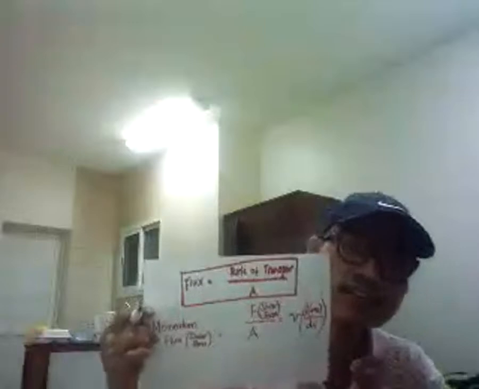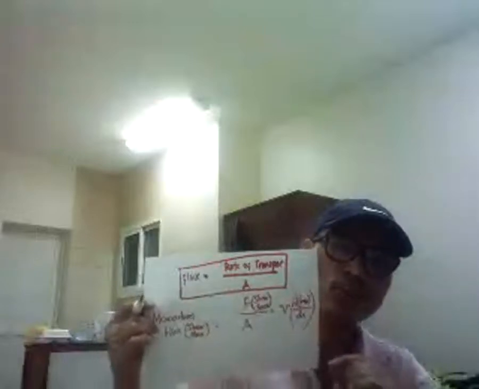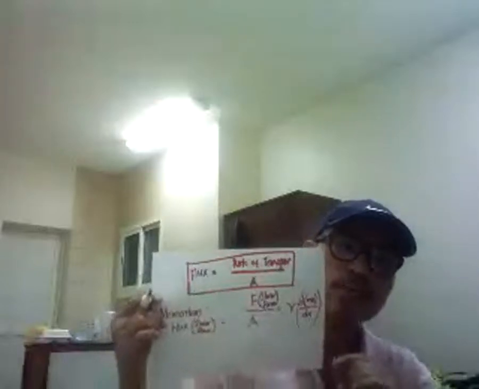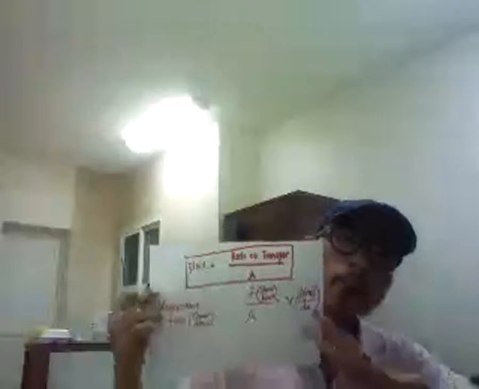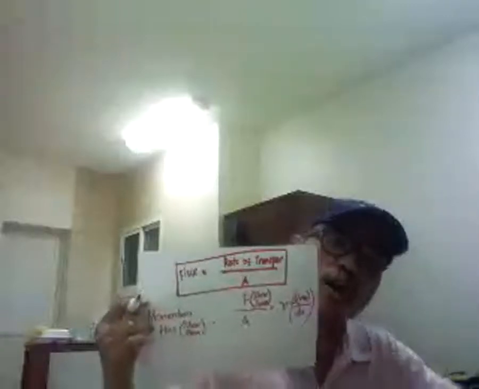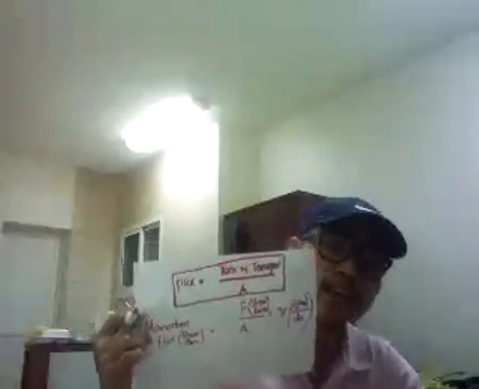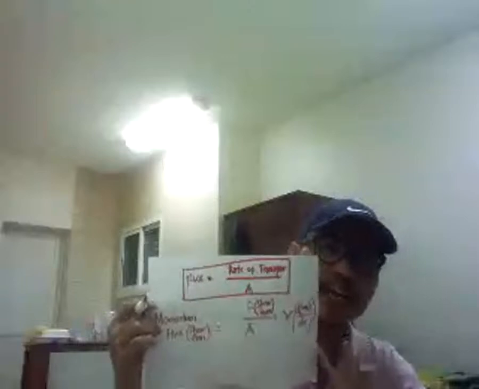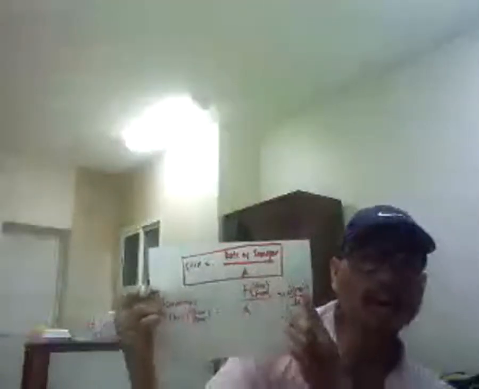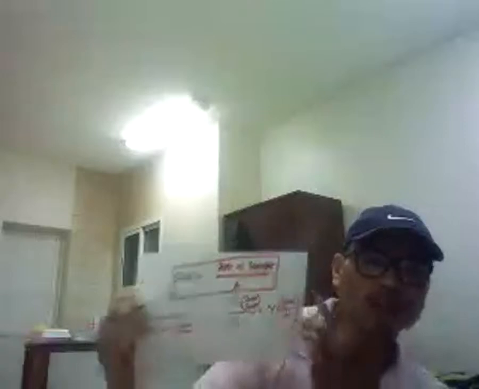But in this case, momentum is a vector quantity. And we need to say momentum 2 minus momentum 1, final minus initial. But it's written as mv, the rate of momentum transfer.